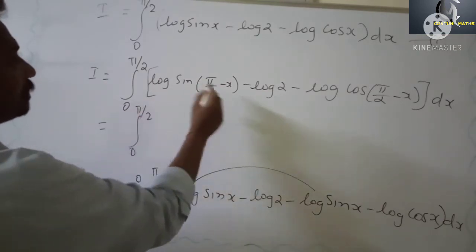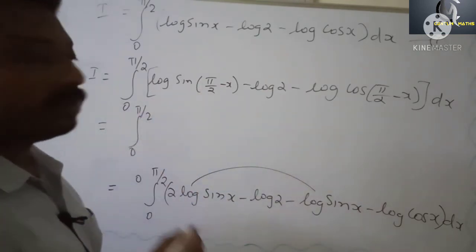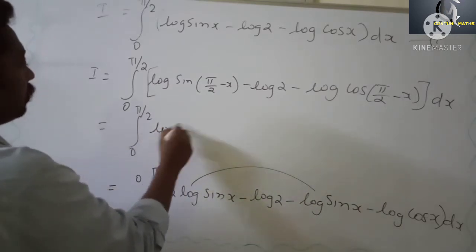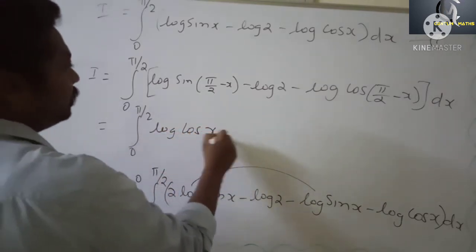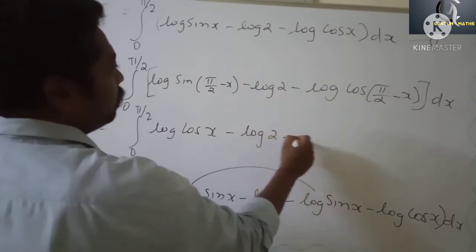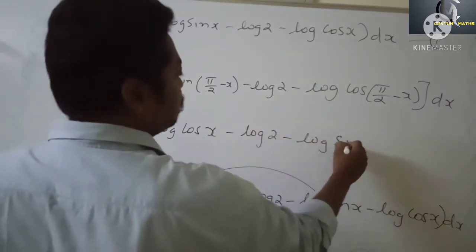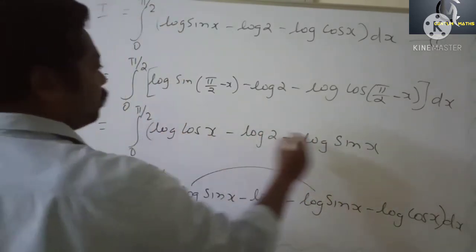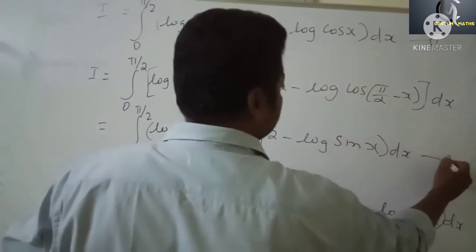Sin of 90 minus theta is cos theta. So log cos x minus log 2 minus log sin x dx. Let it be equation 2.